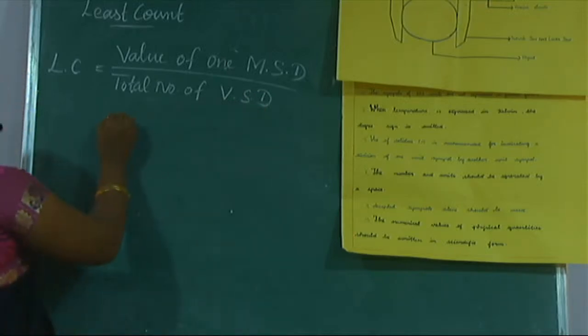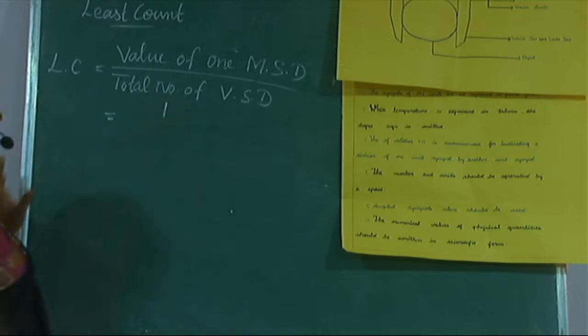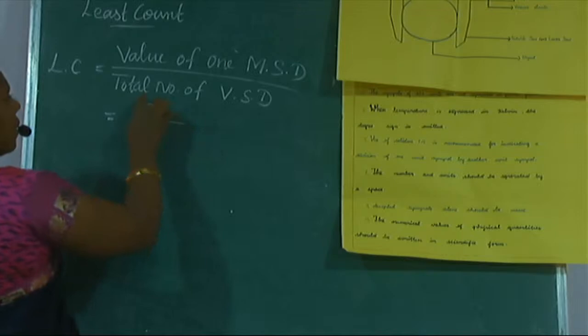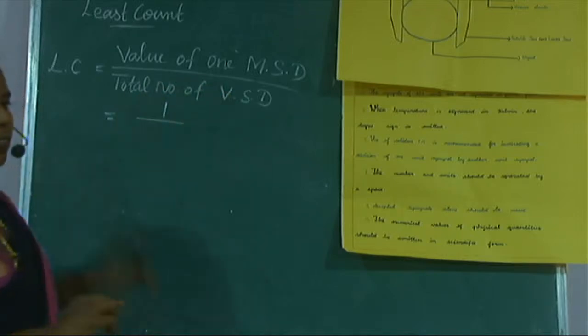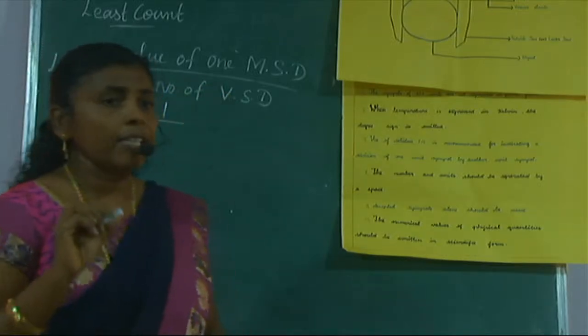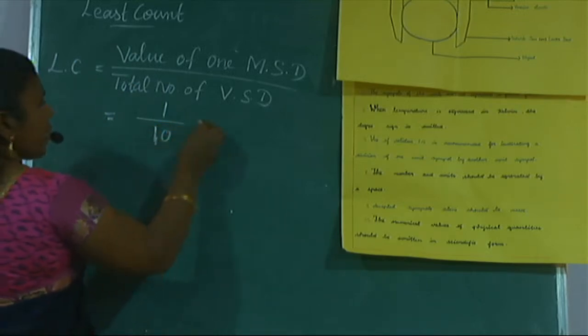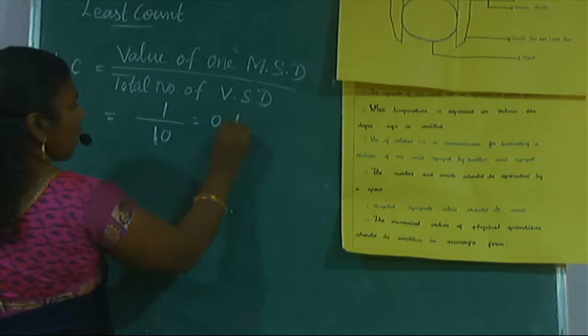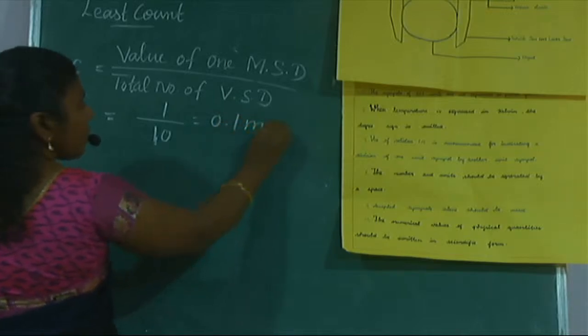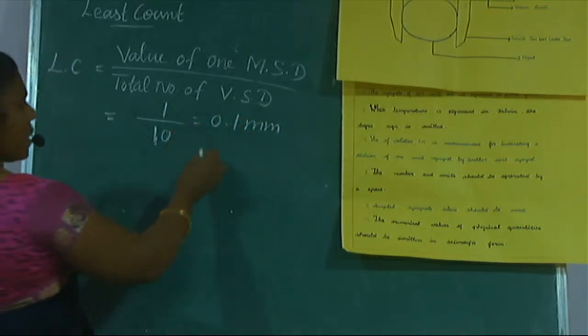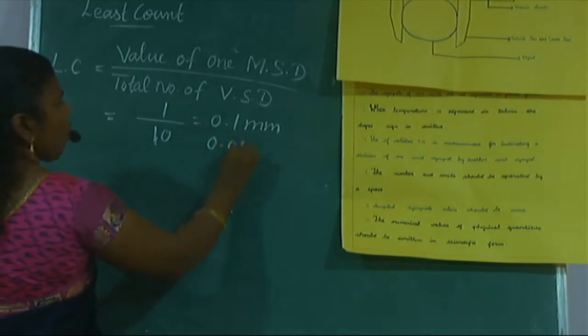Now what is the value of one smallest main scale division? That is 1 millimeter, divided by the total number of divisions. How many divisions are there in a vernier scale? 10 divisions are there. So 1 divided by 10, what is the value? 0.1 millimeter. This we can write in centimeter as 0.01 centimeter.